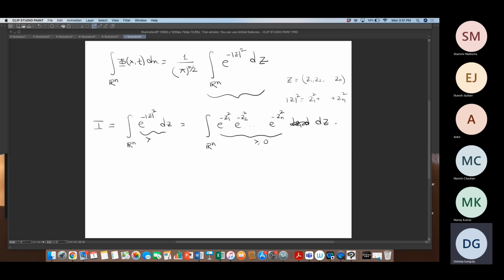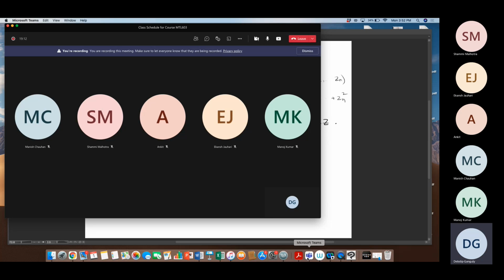This is a positive function, e to the power minus z square, right? You know Tonelli's theorem at least, or did you not know Tonelli's theorem as well? Shammi, Tonelli's theorem, Fubini's theorem, you have heard about it?